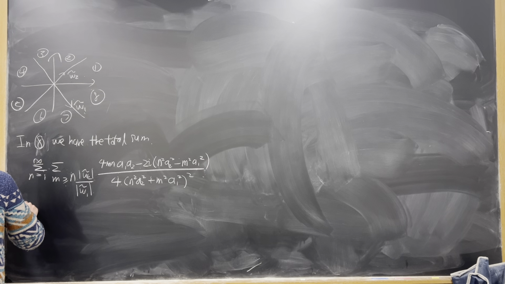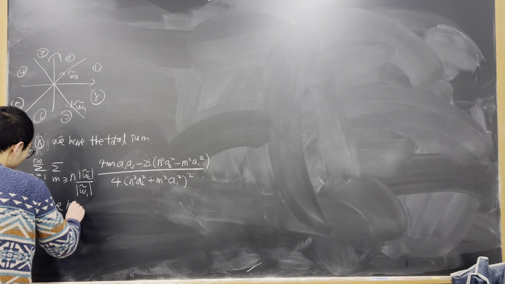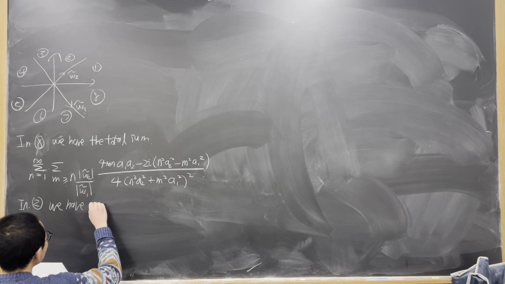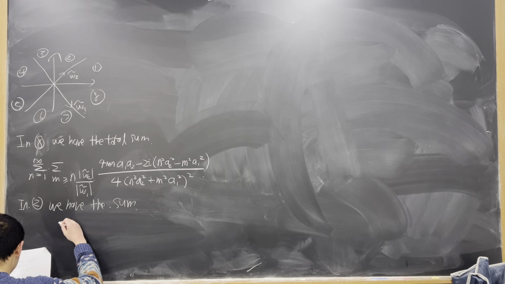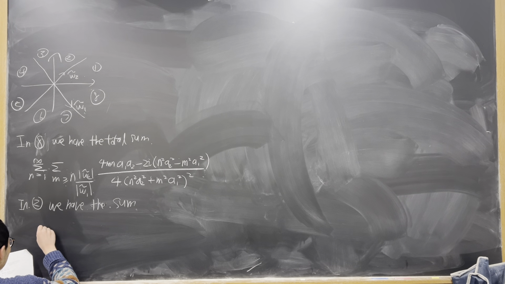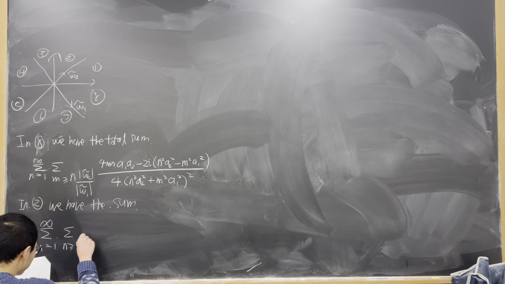So in 2, we have the sum as the summation over m from 1 to infinity of the summation over n bigger than or equal to m times modulus omega 1 tilde over modulus omega 2 tilde.